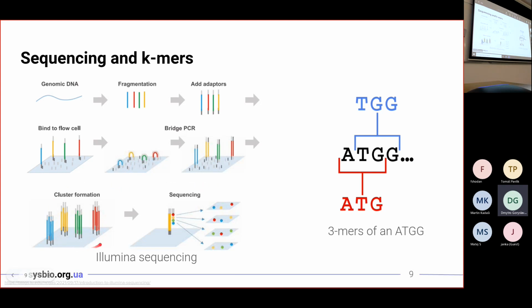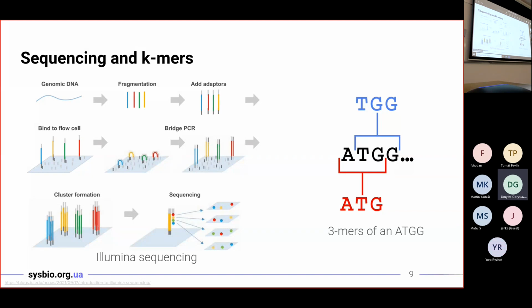After the clusters are formed, they are sequenced by adding nucleotides with special fluorescent labels, so that each nucleic base has its own color. This method results in a very big number of relatively short sequences.